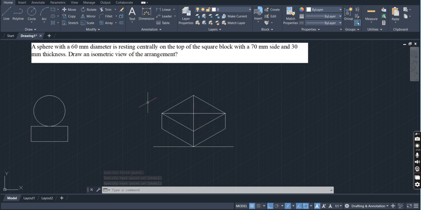Now we need to draw the sphere, of diameter 60 mm. For that, go to text. We need to calculate the isometric value of the sphere to find its center.